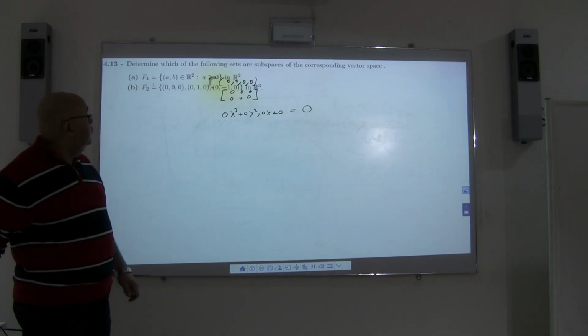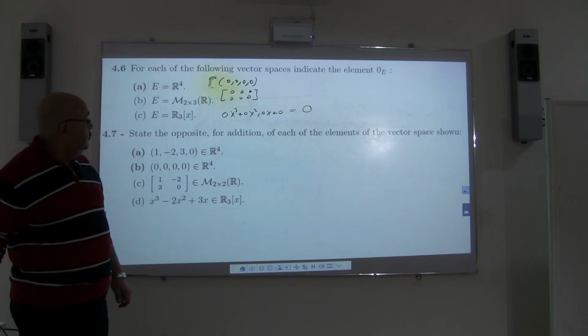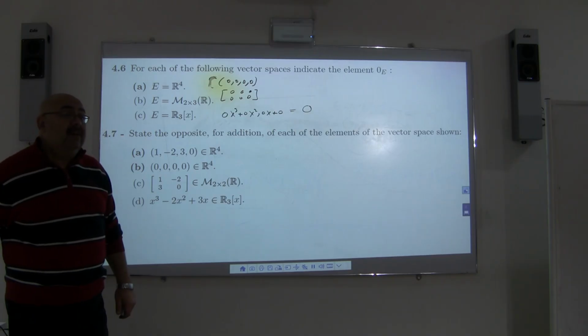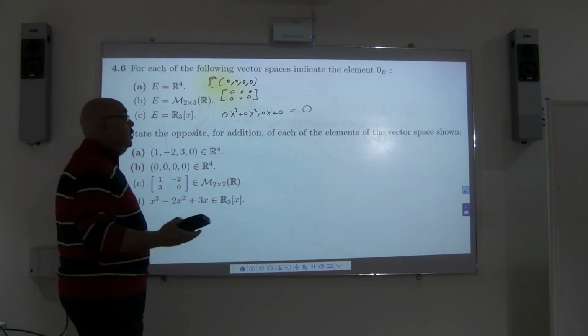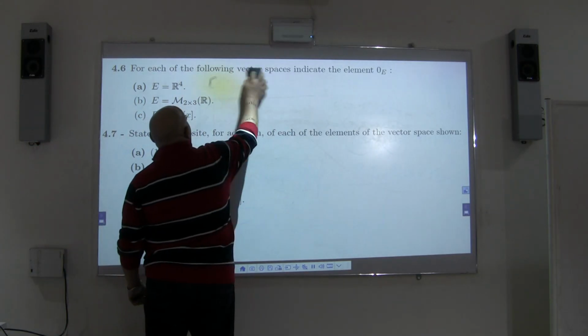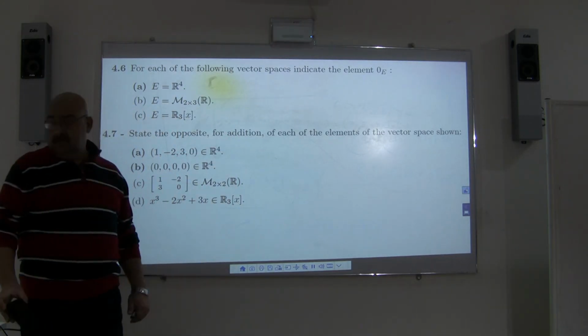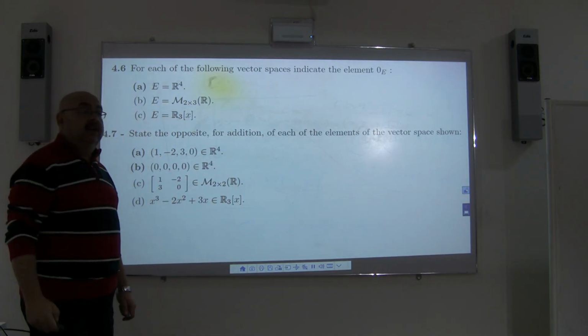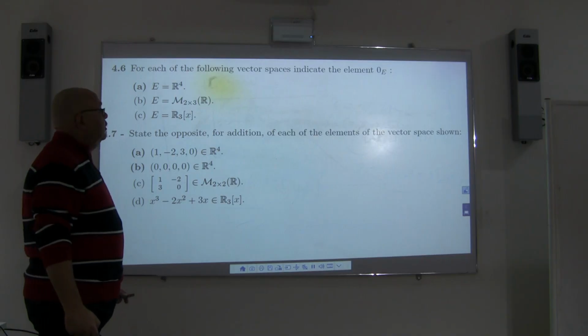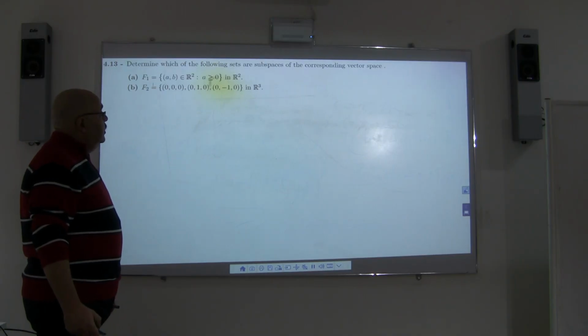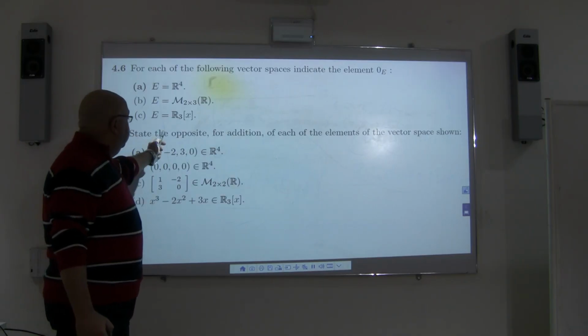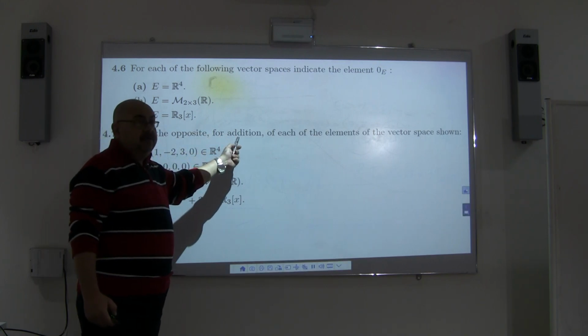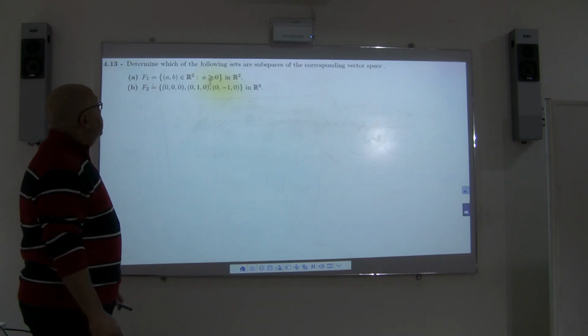He doesn't want the inverse of C. He wants here the opposite for addition for each vector. The opposite of addition. Okay.